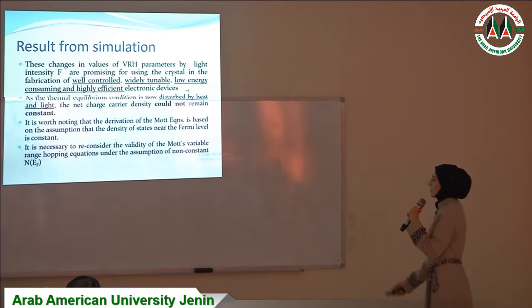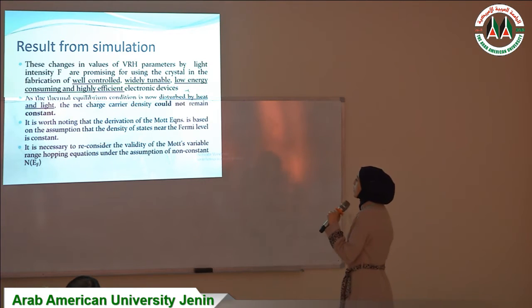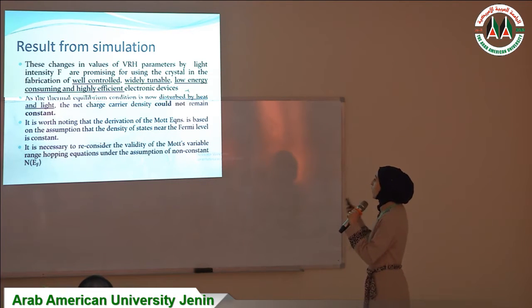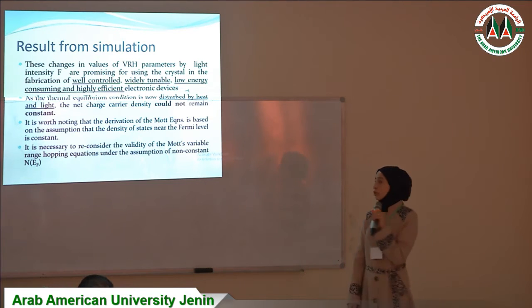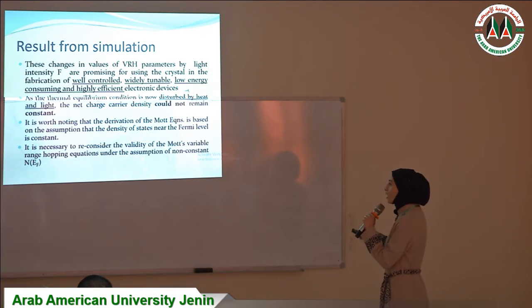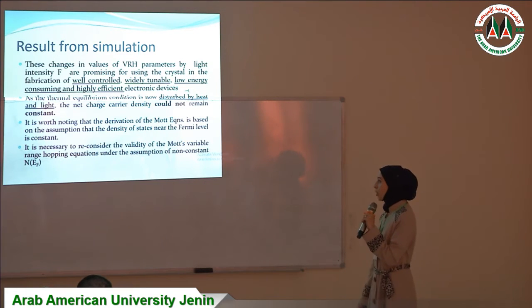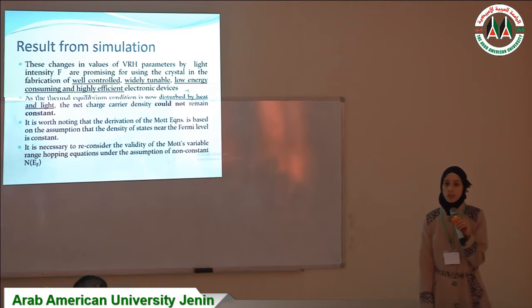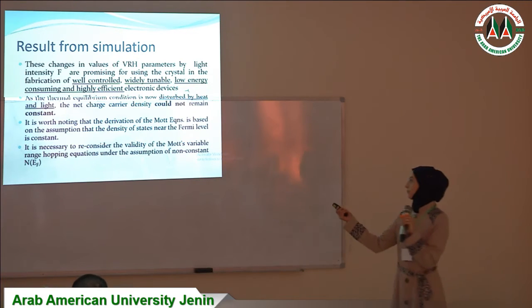The main result is that the thermal equilibrium condition is now disturbed by the light and the heat, so the net charge carrier density couldn't remain constant. So we have to reconsider the validity of Mott's variable range hopping equation under the assumption of non-constant density of states.